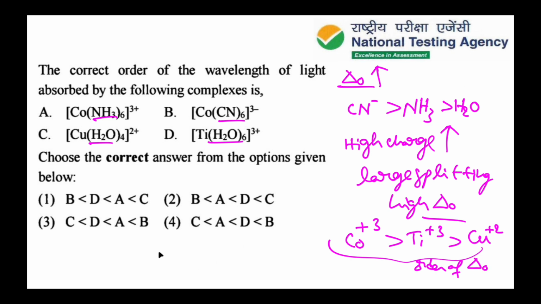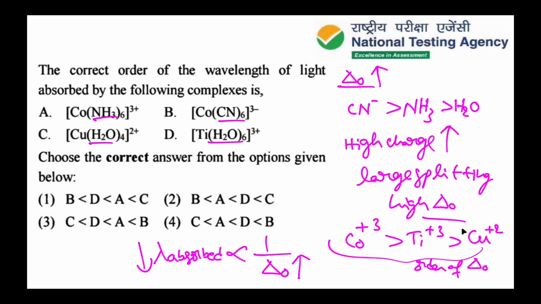The wavelength absorbed is inversely proportional to delta O, octahedral splitting strength. So more delta O, less wavelength absorbed, and less delta O, more wavelength absorbed.